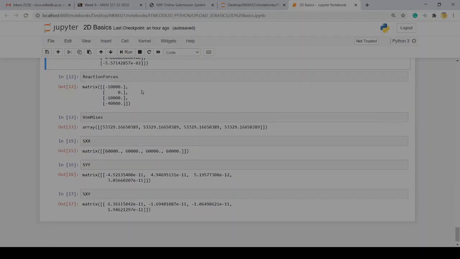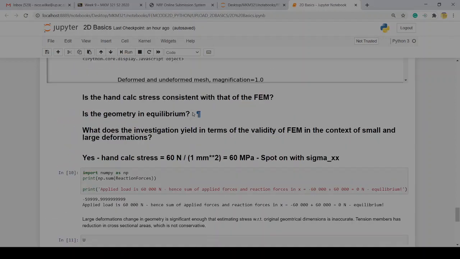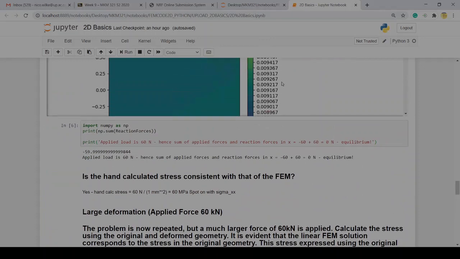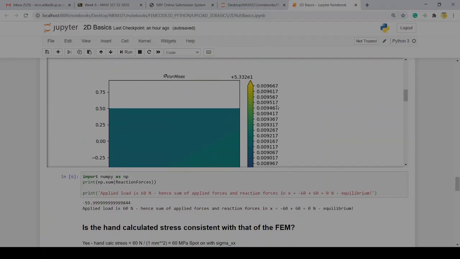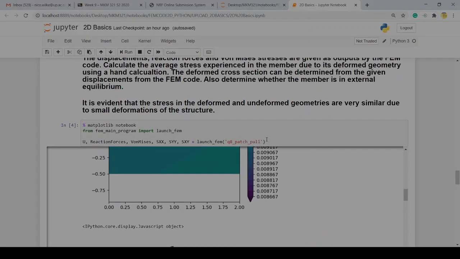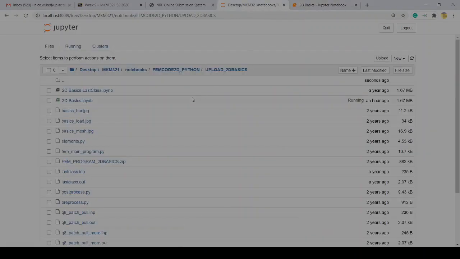Okay. Reaction forces, as we know, are related in the order in which we specified the boundary conditions in our input file. So to see what's going on there, we have to open the input file. So let's open Q8 patch pool, the one with 60 kilonewtons on it.